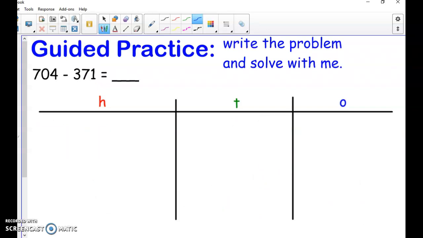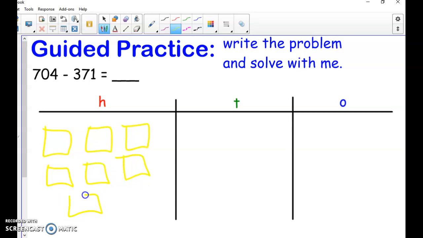704 minus 371. 1, 2, 3, 4, 5, 6, 7. 700s, no tens, and 4 ones. Now I need to take away 1 one.